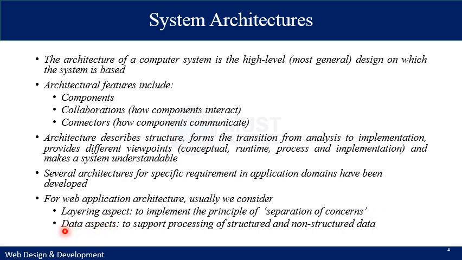In terms of data aspects, to support the processing of structured and non-structured data, you can layer your system in terms of data. You can use one layer to deal with one kind of data and another layer with the other kind of data.